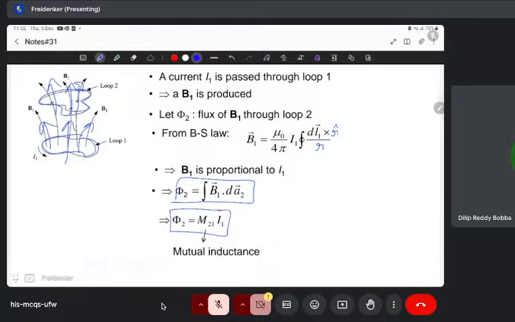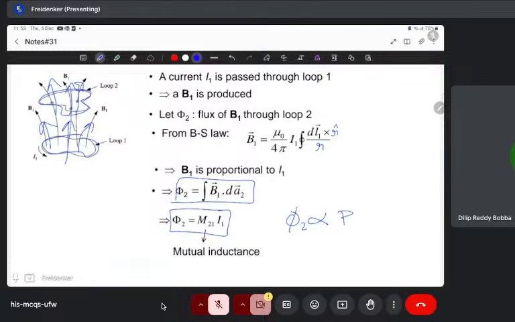They're saying phi 2 is M21 into I1. So what they're trying to say is the magnetic flux of loop 2 is proportional to the current passing in loop 1. Why is that possible? Because I know flux of loop 2 is dependent on the magnetic field, right?